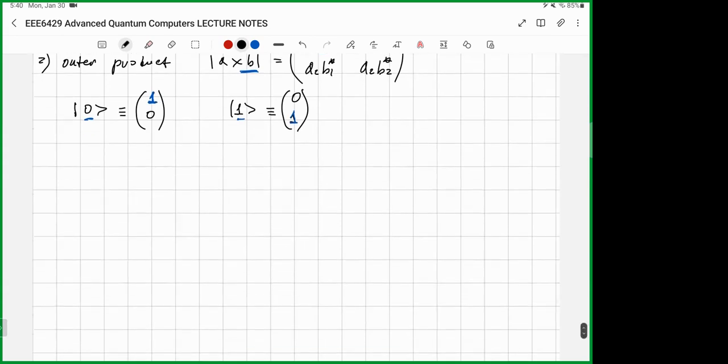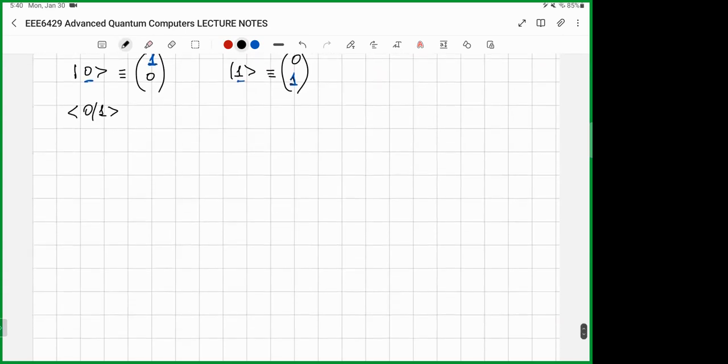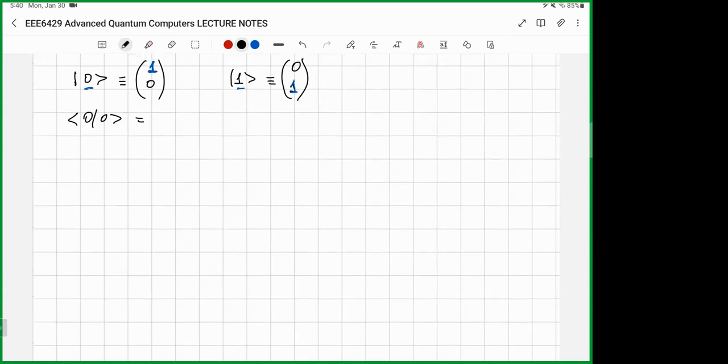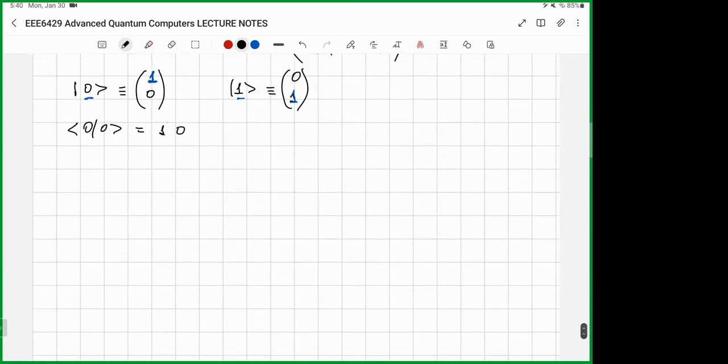Anyway, let's confirm that this is an orthonormal basis. To do so, we take the inner product of 0 with itself first, right? So it will be the 1, 0 vector times the 1, 0 vector. By components, 1 by 1 gives me 1, and 0 by 0 gives me 0. So the answer is 1.